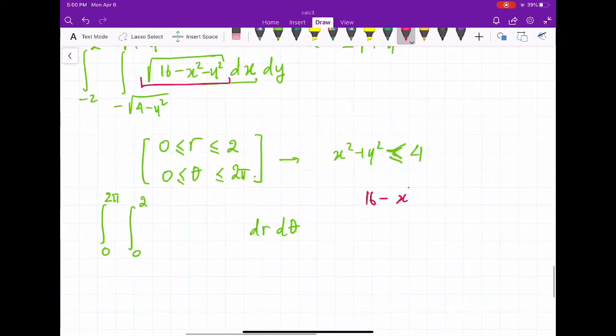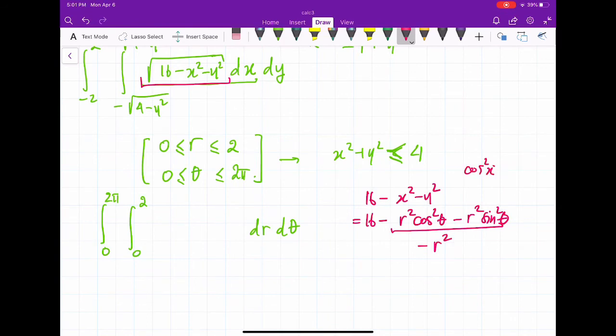I'll write here 16 minus x squared minus y squared. What's that? That is 16 minus r squared cosine squared theta minus r squared sine squared theta. And this is nothing but negative r squared, because cosine squared plus sine squared is 1, right? So I have 16 minus r squared.